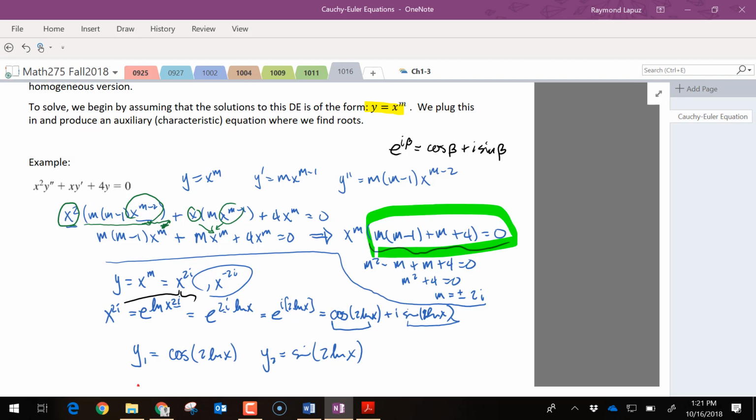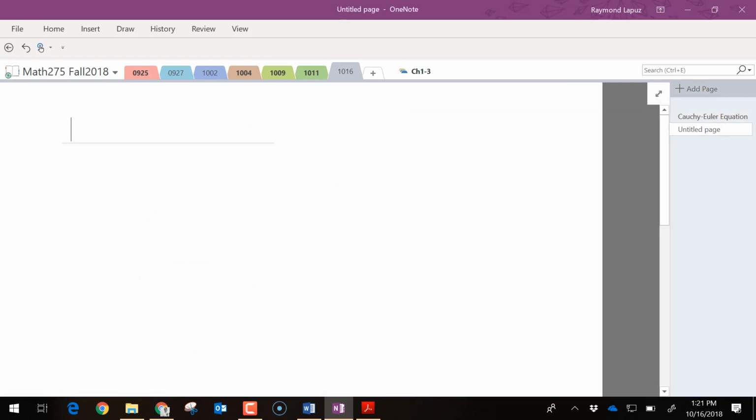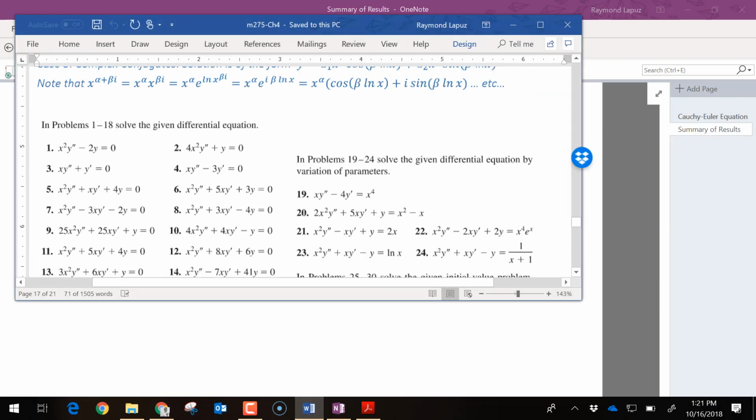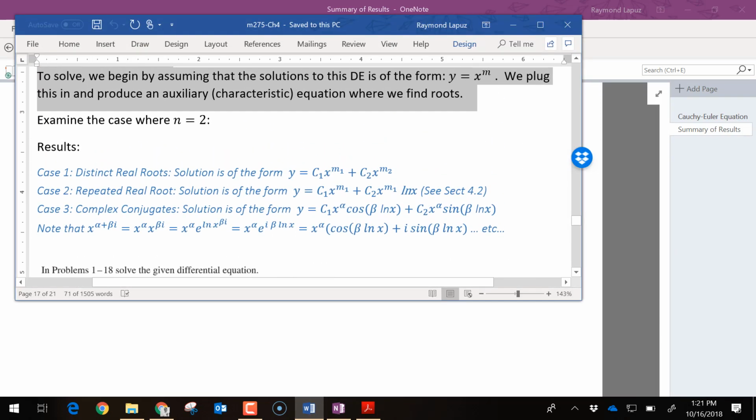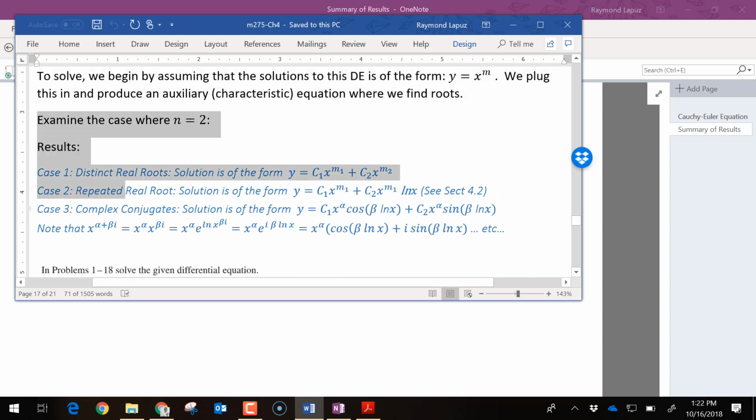All right. So in general, we have a summary of results, not for the complex, for the Cauchy-Euler equations.